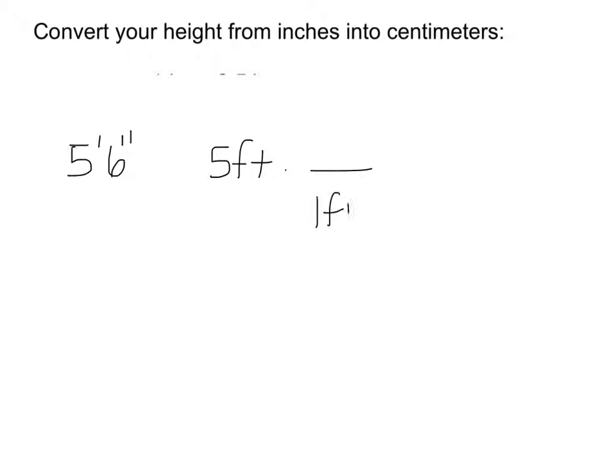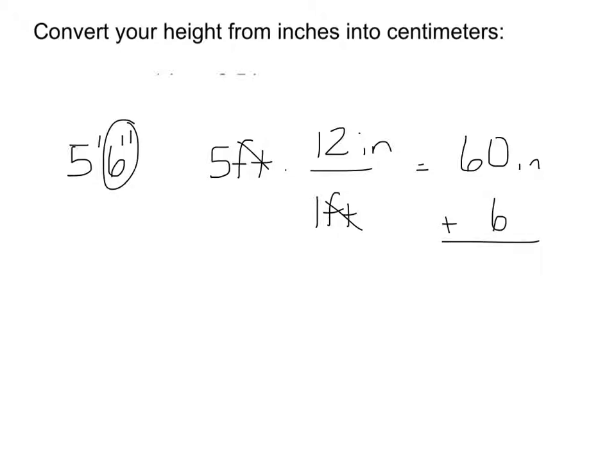I know that in every 1 foot, there are 12 inches. Feet cancel feet, 5 times 12. That tells me that 5 feet is 60 inches. And to this, we're going to add the 6 that we left off from the 5, 6. So if you were 5 feet 6 inches tall, you were 66 inches tall.